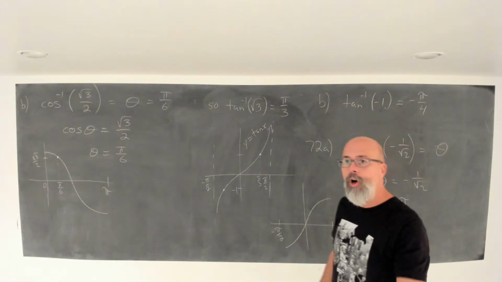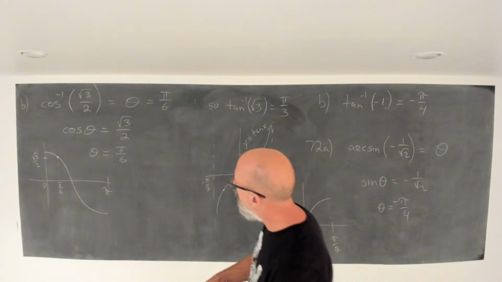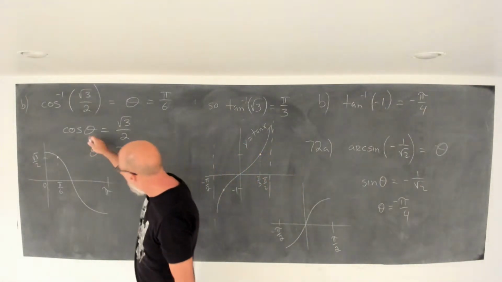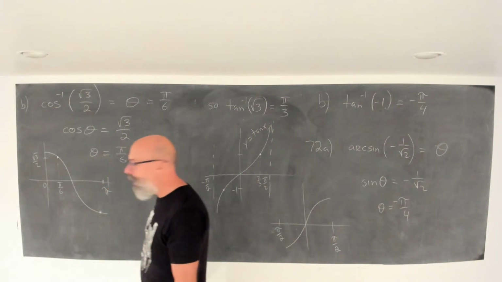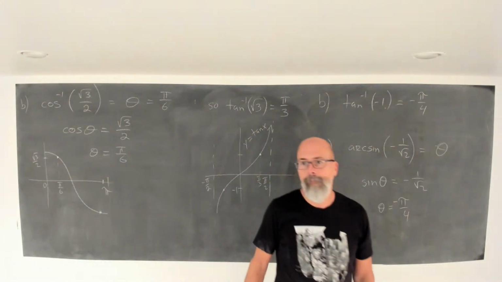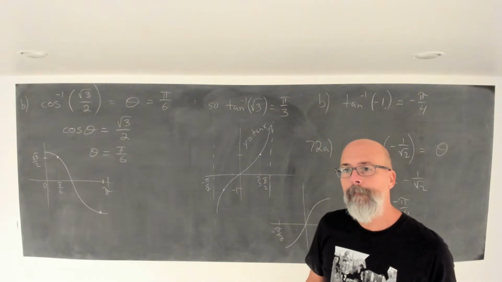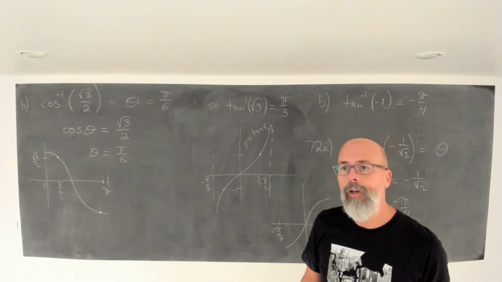It could not have been 5 pi over 6. Cosine of 5 pi over 6 would be negative.